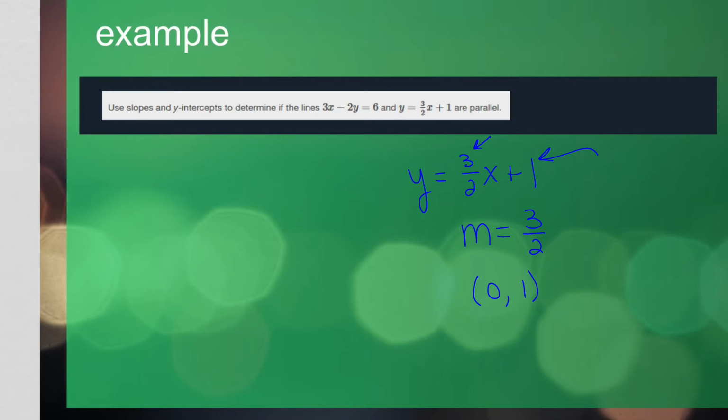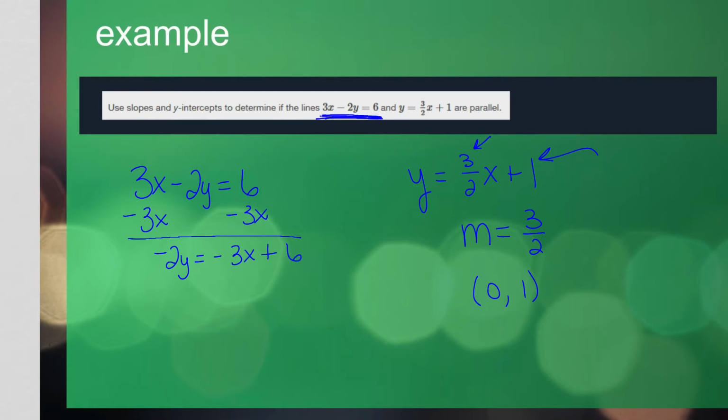All right. Now, this one, it's not staring at us, so we have to turn it into slope-intercept form. So I would subtract 3x from both sides, and I end up with negative 2y is equal to negative 3x plus 6. And then I would divide everything by negative 2. So I get that y is equal to positive 3/2 x minus 3.